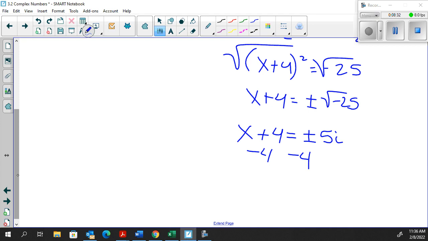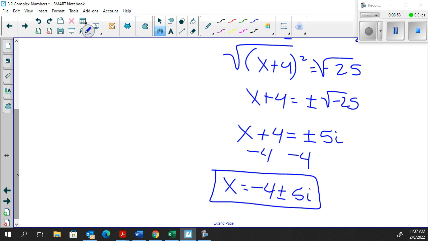No. I can't just take 4 away from 5i. They're not the same number. I can't just combine them. So how am I going to write it? Well, -4, right? -4 plus or minus 5i. And then we're done. Cool? Cool.